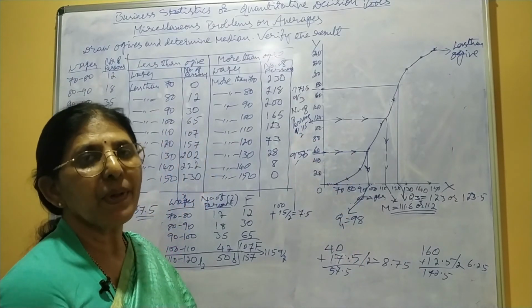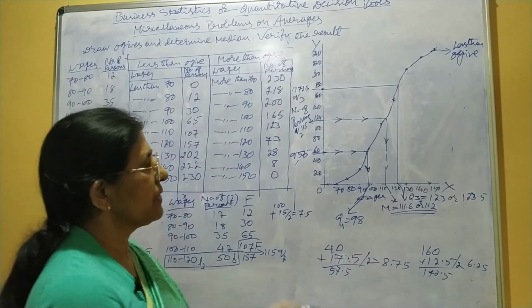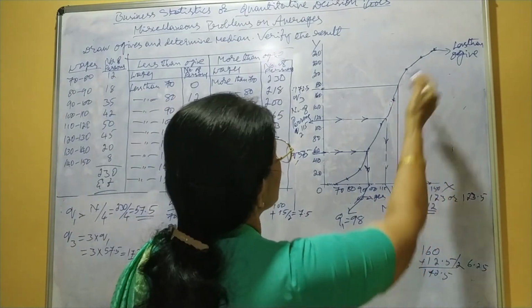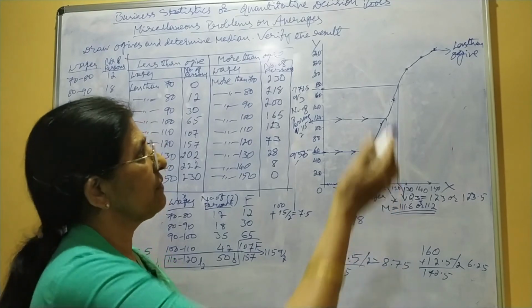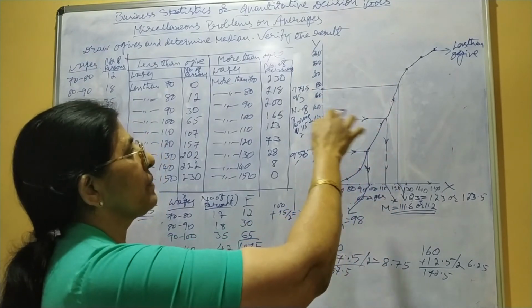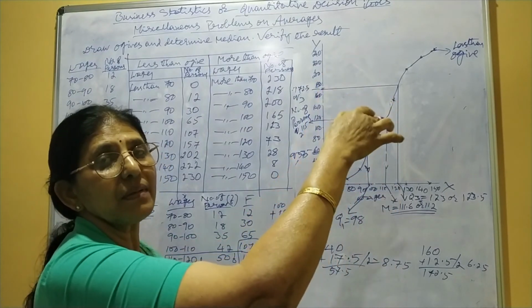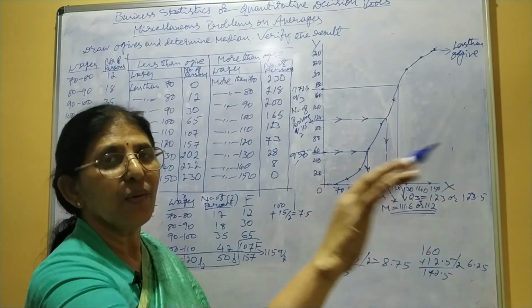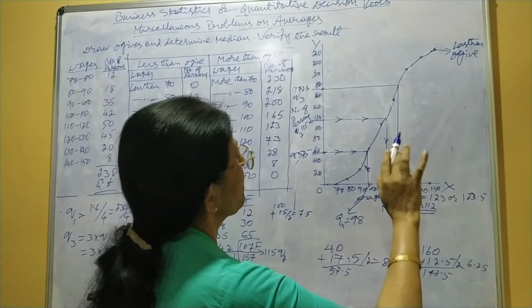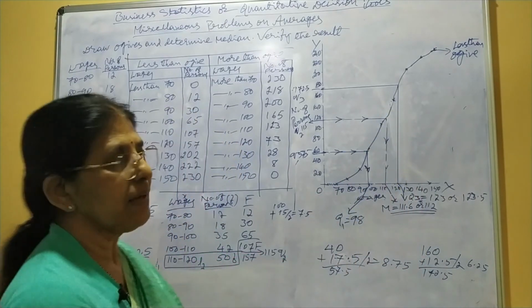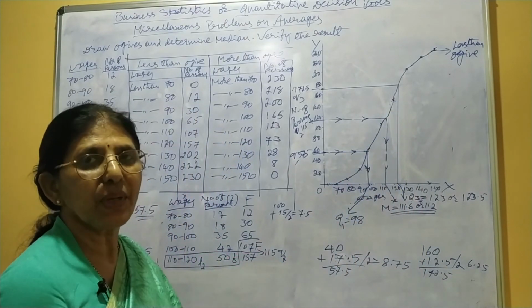Anyhow, you have to apply the formula algebraically first and calculate. The ogive is joined with a smooth hand, not using a scale, so that may not be 100% exact. More than 95% will be exact on the graph. The remaining 5% you have to adjust on the graph. For that, first calculate algebraically.